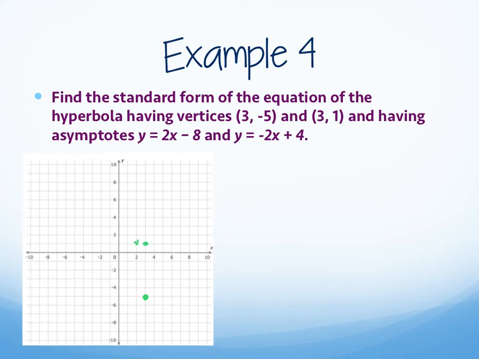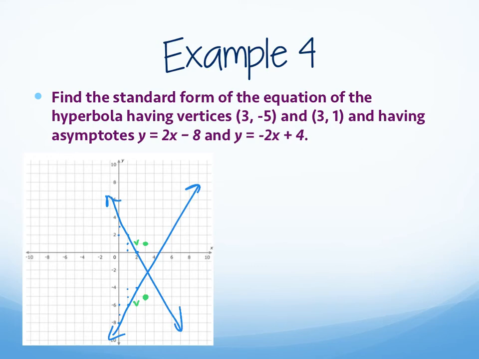Those are the vertices. And my asymptotes here. So those aren't perfect.